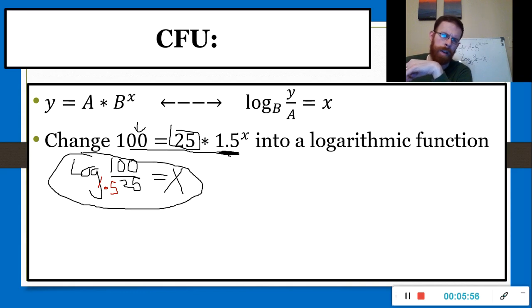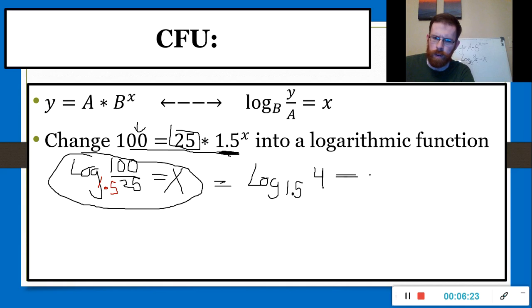Now, Mr. K, surely that's the final answer. We placed everything down and that's entirely what we did on the previous problem. Well, yes, but what's 100 divided by 25? This is the same thing as log base 1.5 of 4 is equal to x.